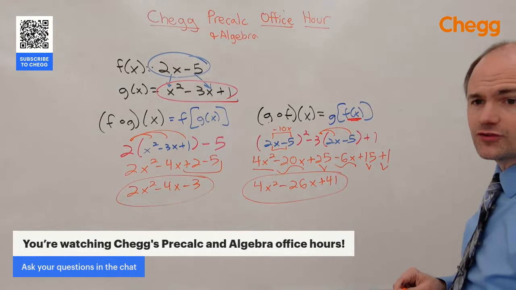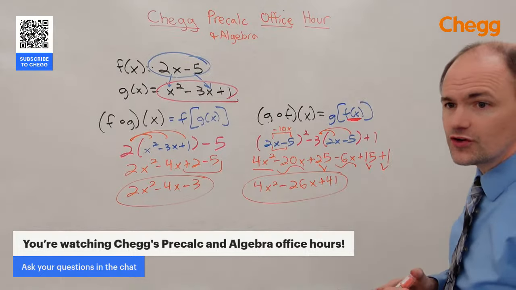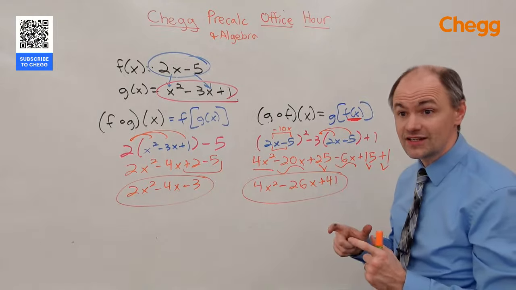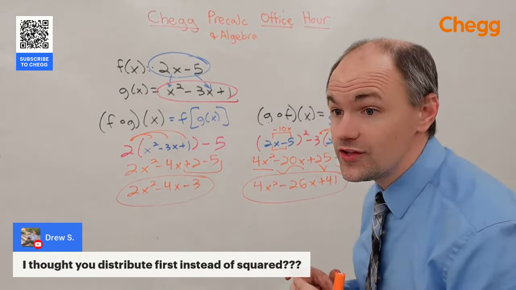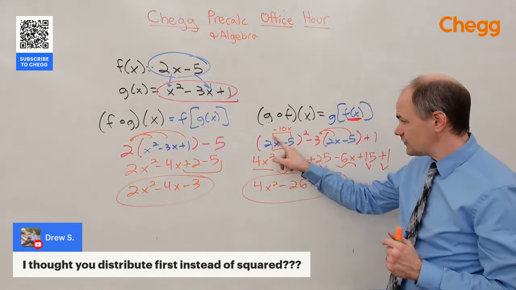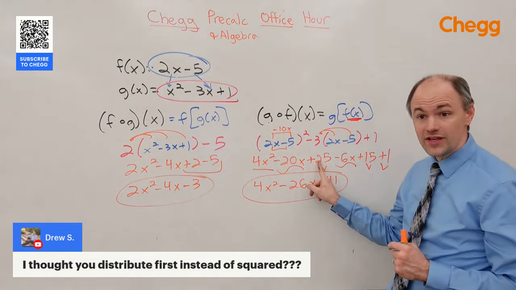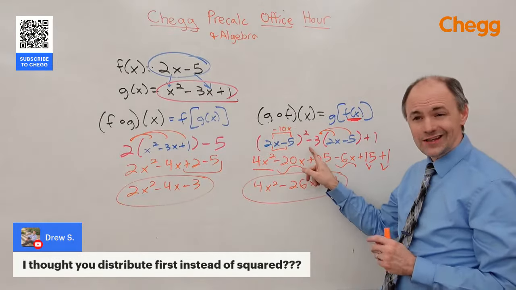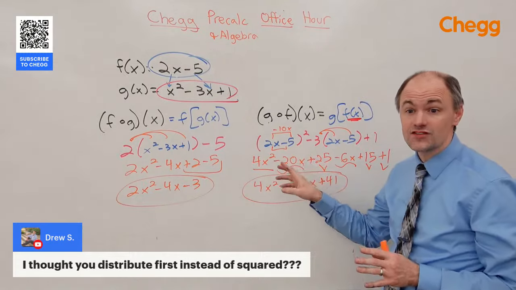A question came up too about do I distribute first or do I square first? Technically, if we want to be really technical, you should always do the exponent first. So you should always do the squaring first. After that squaring's done, then we can multiply. But because this wasn't multiplied by anything, we can kind of get away with doing both at the same time. That's a great question.